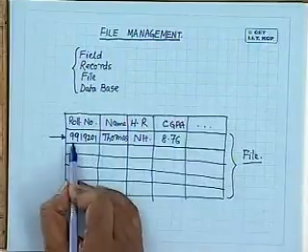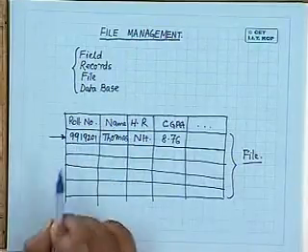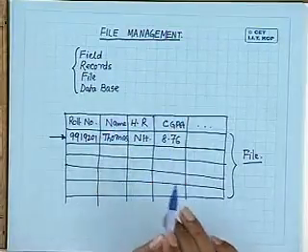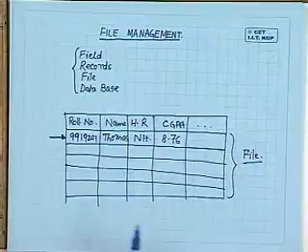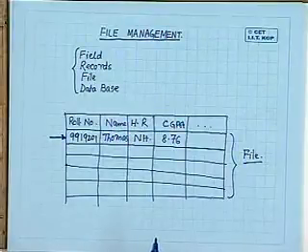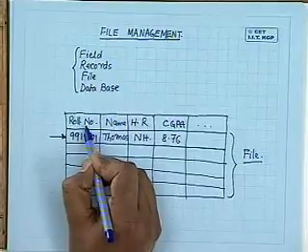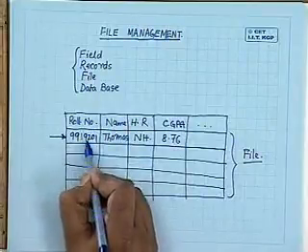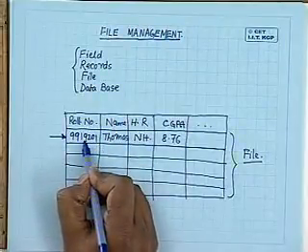I can simply put 9919201, followed by Thomas, followed by Nehru Hall, followed by 8.76, because this file has a regular structure. But there are situations in which the files will not have a regular structure. In such cases, we have to put the field, which is also called an attribute in terms of DBMS, database management. So this will be called a field attribute, and this is the value of the attribute.